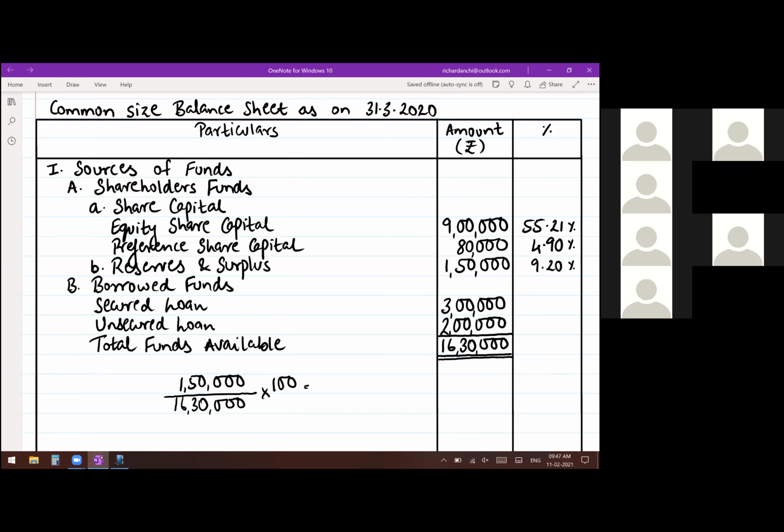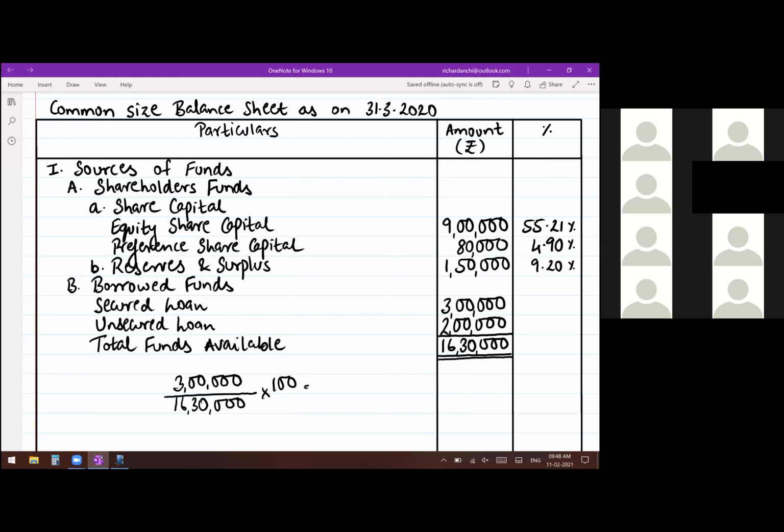Then continue further. Next is secured loans. So again, only the numerator is going to change. 3 lakhs divided by 16,30,000 into 100. 18.40. Okay, two answers I'm getting.